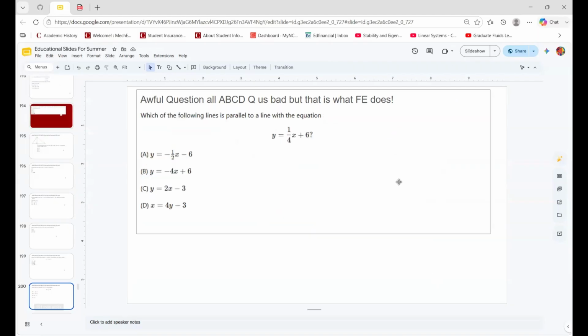Yeah. Which of these are parallel? We just have to look. None of these are parallel. Where am I finding this question? Oh, I'm stupid.